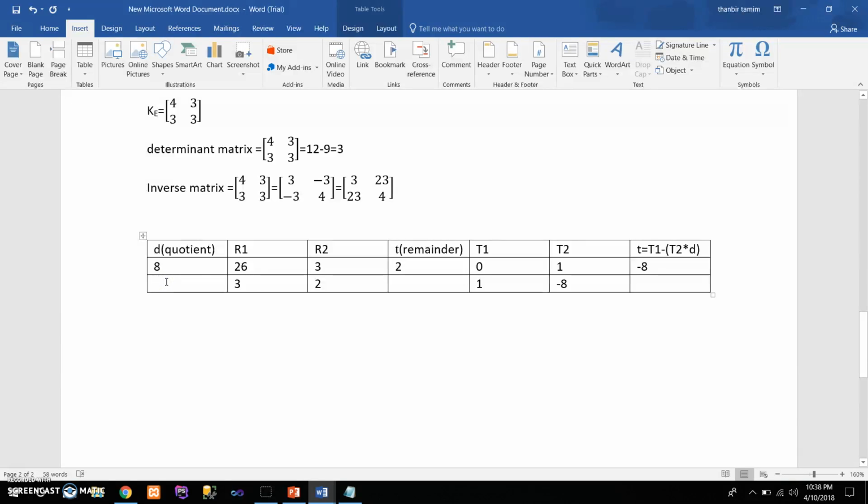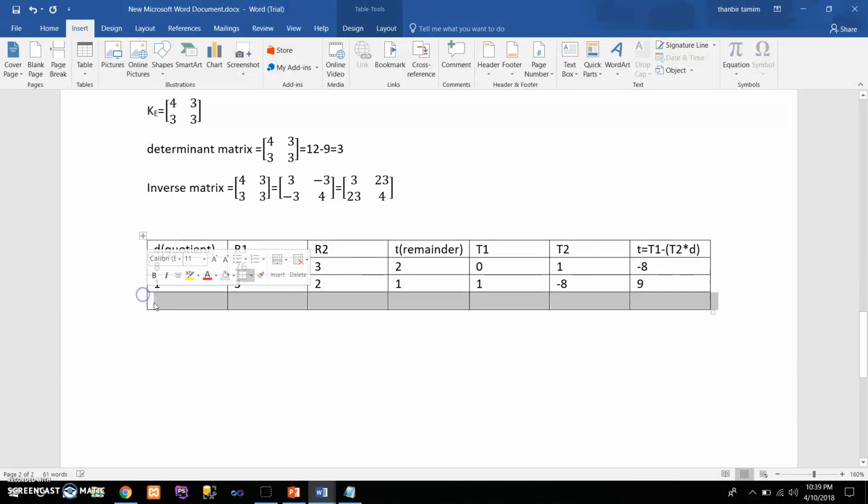So our quotient will be 1, and also the remainder will be 1. So our value of t will be 9. So again the 9 will come here, the minus 8 will come here, 1 will come here, and 2 will come here, and again the same process. The quotient will be 2 divided by 1, so the quotient will be 2 and the remainder will be 0.